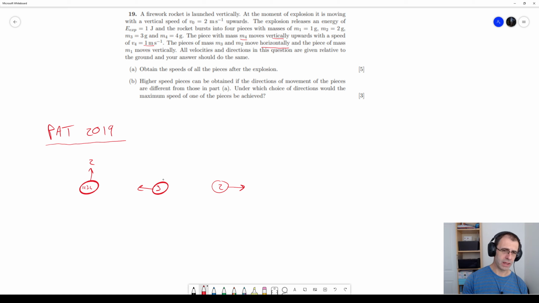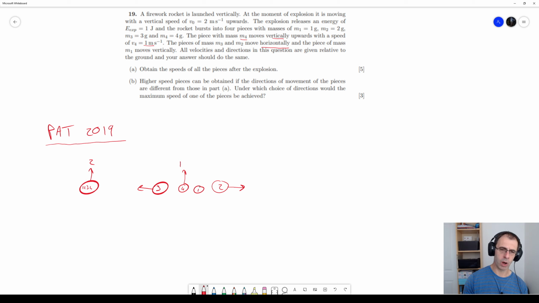So importantly, they have no vertical velocity whatsoever. Sorry, M4 is moving at 1 meter per second upwards, and we're trying to find the speeds of the other pieces.